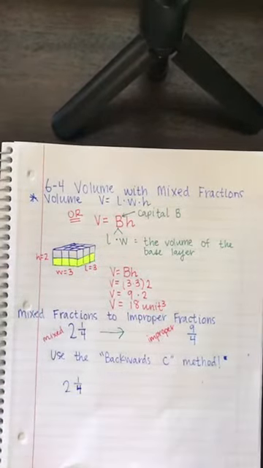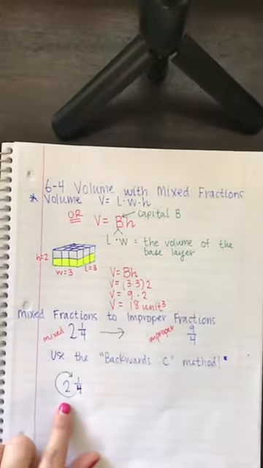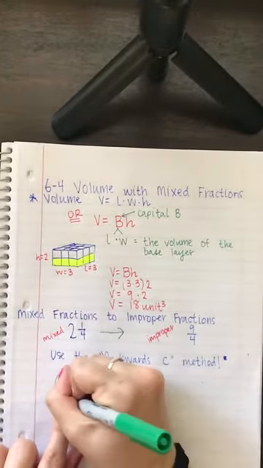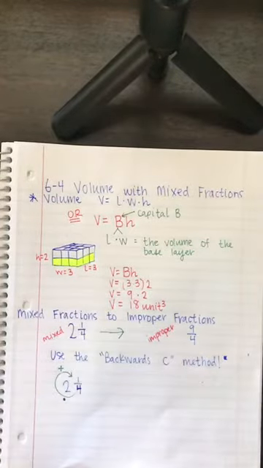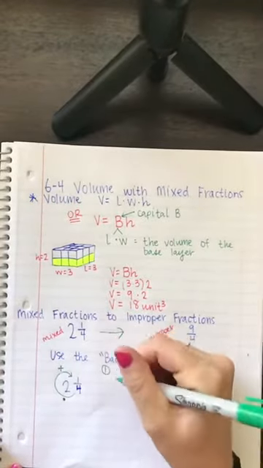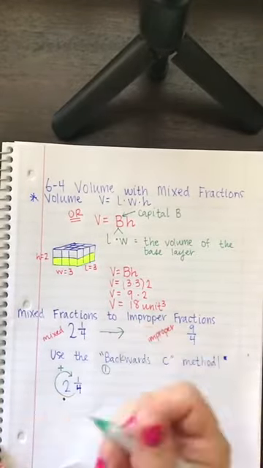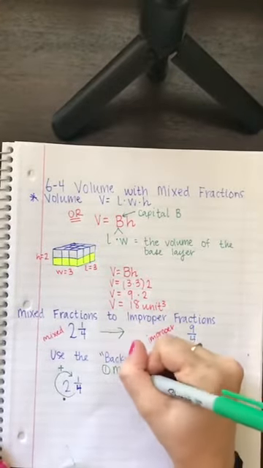Here I have 2 1/4, that mixed number that I started with, and using the backwards C, it'll go around like this. The first part here is multiplication, and up at the top we have addition. Our first step is to multiply the denominator by the whole number. That's this multiplication symbol right here.